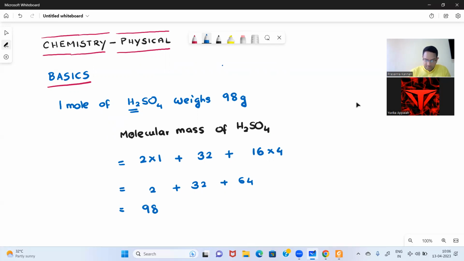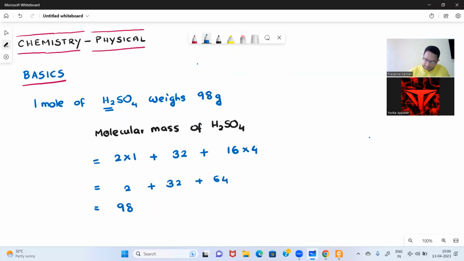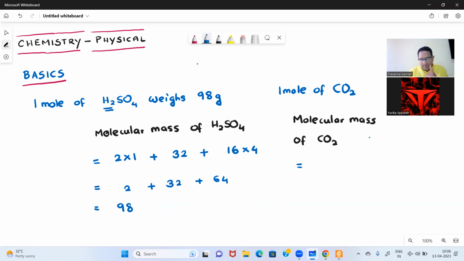Now, suppose I want to find out what is 1 mole of carbon dioxide gas. First step is to find the molecular mass of carbon dioxide. What would be the molecular mass, Yuvika? Carbon, the atomic mass is 12.